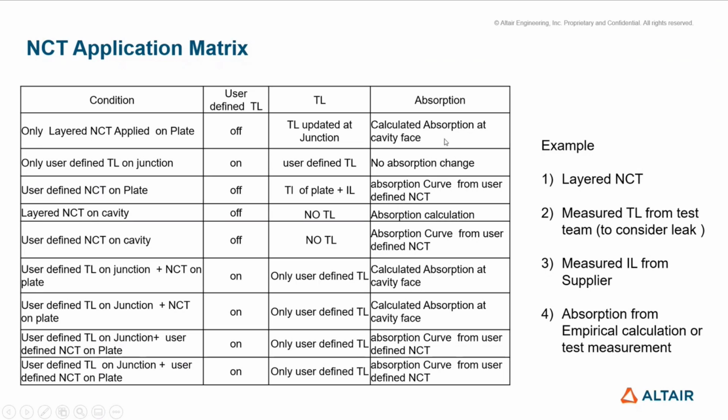But now if a user wants to update the effect of transmission loss from measured data, or he gets an insertion loss measured by the supplier and wants to update, there was no integration possible, like one from calculations, one from test, or one from test and one from calculation. So this cross integration was not possible.